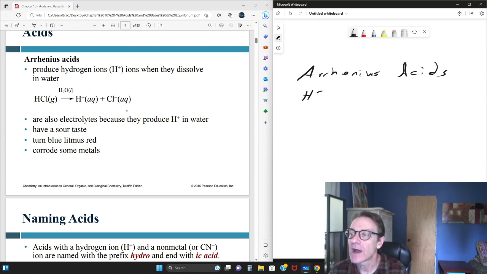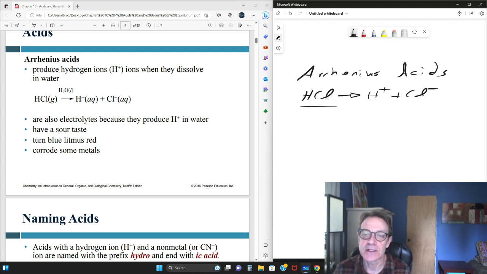So hydrochloric acid, of course, dissociates and produces protons and chloride. So that is considered an Arrhenius acid in this case. And they turn blue litmus paper red. That's the way litmus paper reacts to excess protons, changing the color from blue to red.